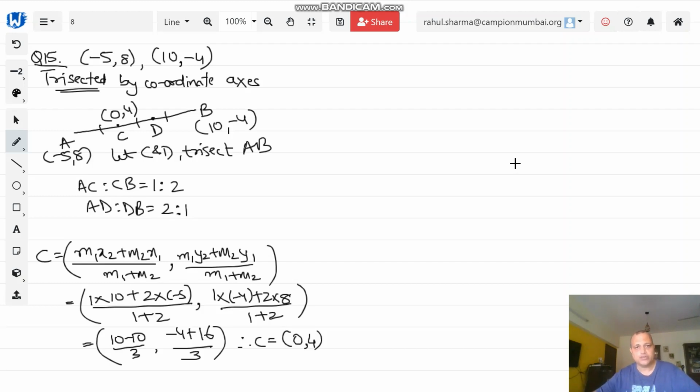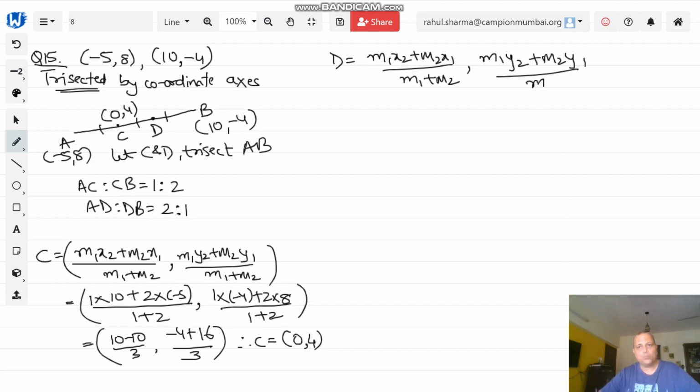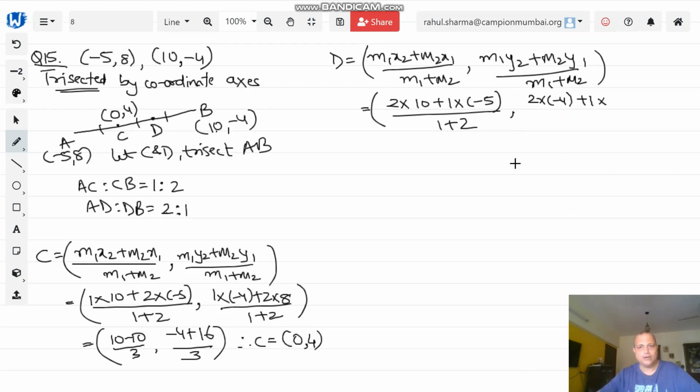Now let's try and figure out the coordinates of D. So D would be equal to m1x2 plus m2x1 upon m1 plus m2, and the y coordinate would be m1y2 plus m2y1 upon m1 plus m2. Let's substitute values. In this case, m1 is 2 and x2 is 10 plus 1 multiplied with -5 upon 1 plus 2, and m1 is 2, y2 is -4 plus 1 multiplied with y1, which is 8, upon 1 plus 2.